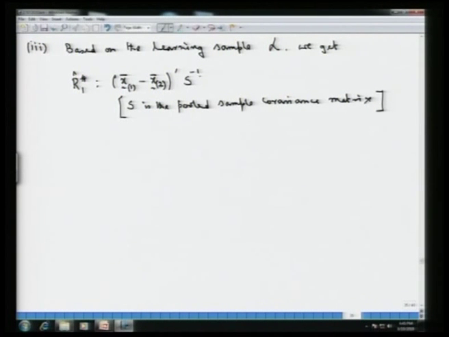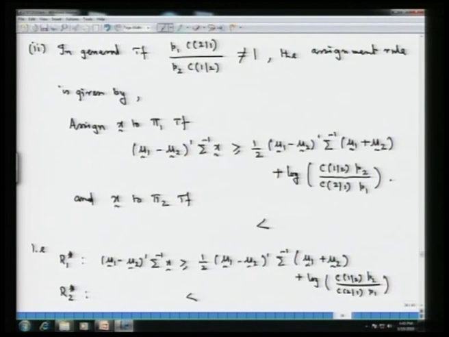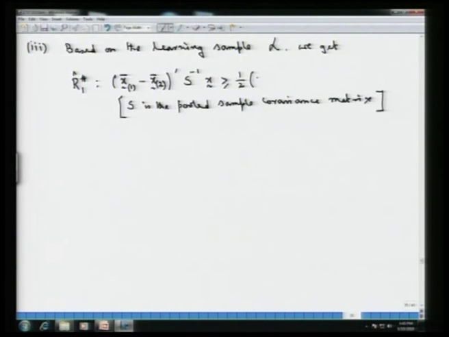So, this term is multiplied by x, that is greater than or equal to half times the corresponding estimates that we get of the corresponding quantities here. So, this is x 1 bar minus x 2 bar, the sample means of the first and second populations.